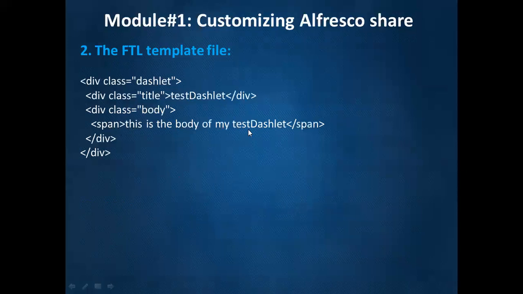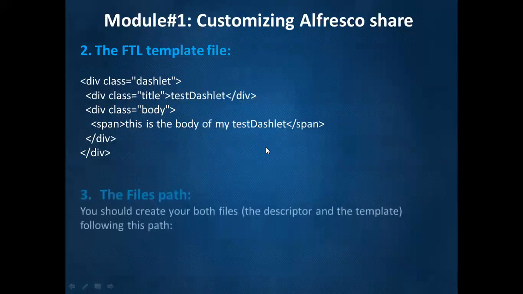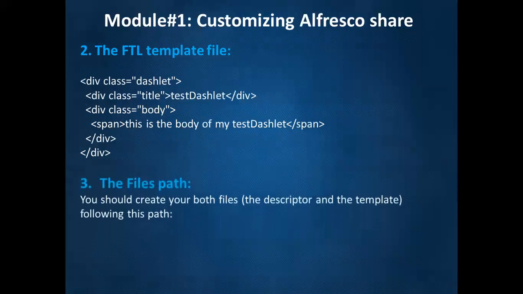This is the body of my test dashlet. This span body will be displayed inside the new dashlet that I will create. We will create it together. Let's move now to the third point, and this is a very important point.